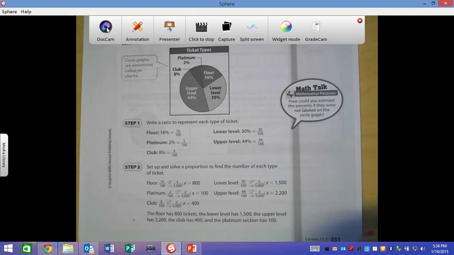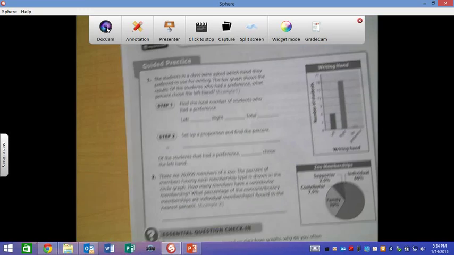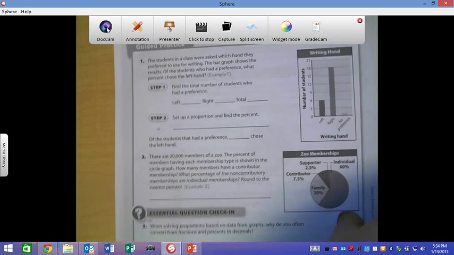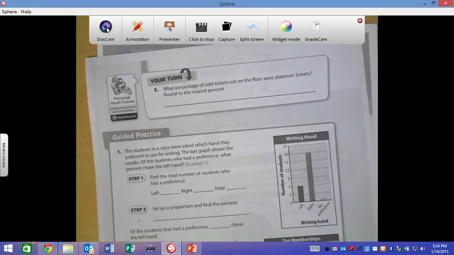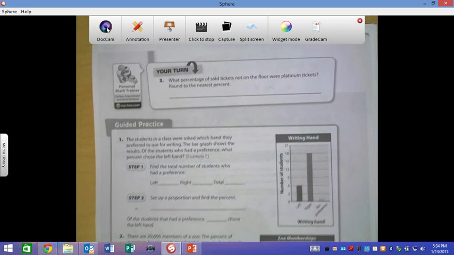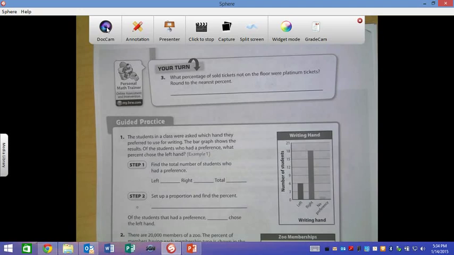So, when you turn the page, you will have a section that is your turn. So, you are going to use the example in order to help you answer this question. Pause the video, work out the problem, and when you come back to the video, the answer will be here again. You will just need to show the work in order to get the answer.